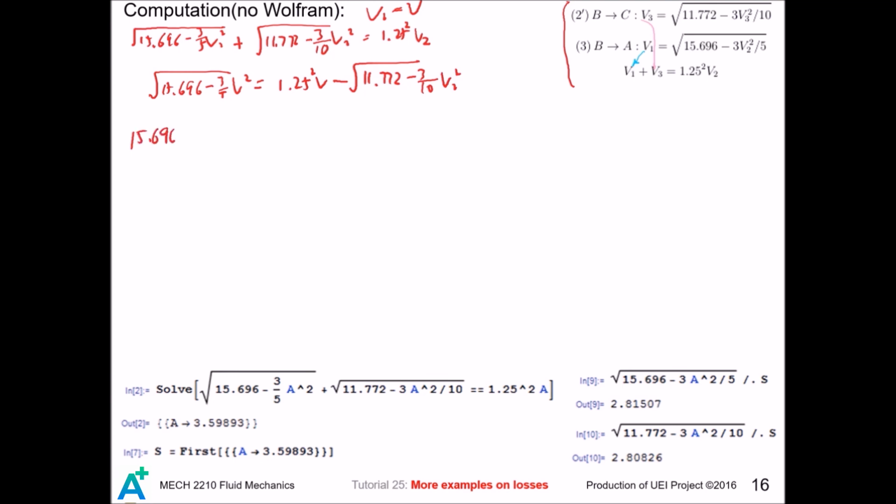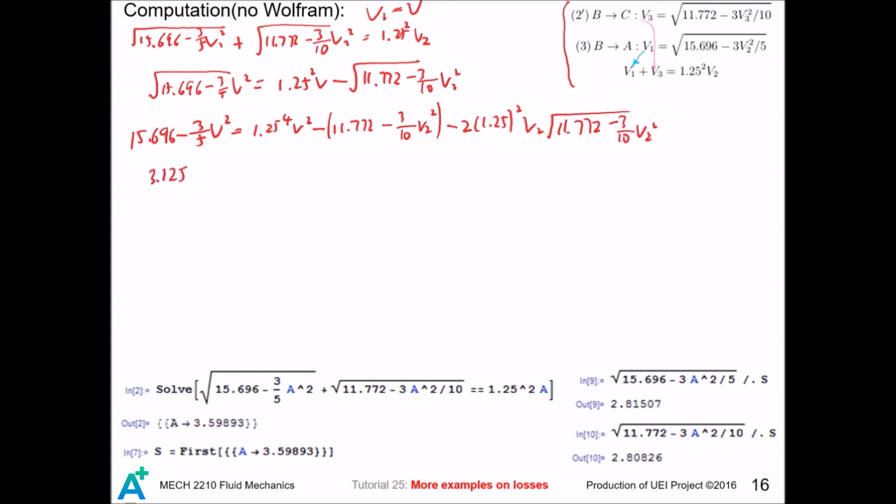And then we can square both sides. And we shall bring all the things to one side and leave the square root on one side.